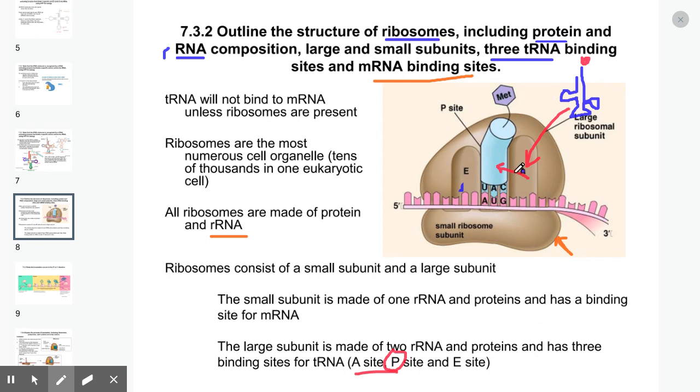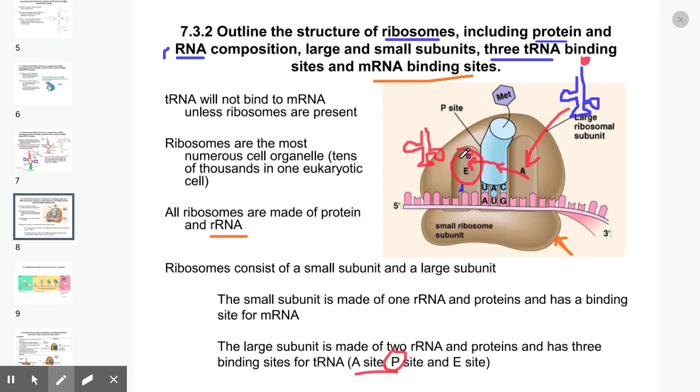And at the end, it moves over one more time. The transfer RNA is amino acid-less. It doesn't have its amino acid anymore. And it leaves and it goes and looks for another amino acid. This E stands for the exit site. So amino site, polypeptide site, exit site spells APE if you're going backwards. And those are the transfer RNA sites.